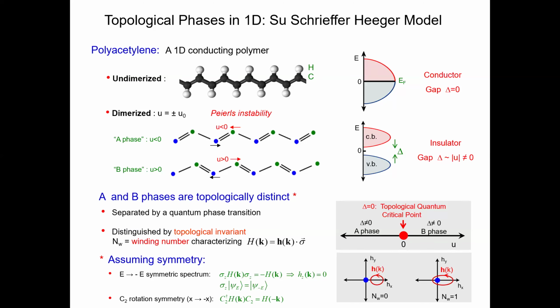If I change the sign of u, then to get from this to this, I have to go exactly through the origin. When I go through the origin, the Hamiltonian is 0, and that's when it's no longer an insulator. So to go from the A phase to the B phase, we have to go through a topological quantum critical point. That's the transition between these two.